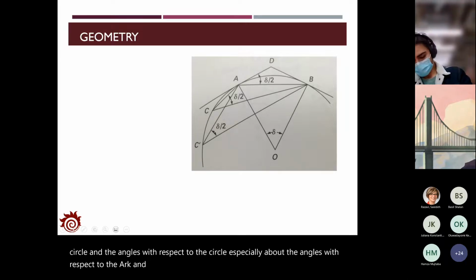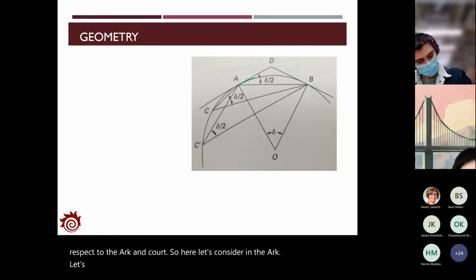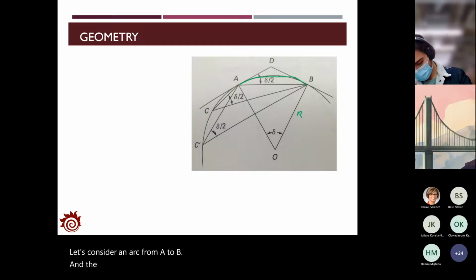So here, let's consider an arc from A to B, and the radius is R. C is the center of the circle or the center of the arc.